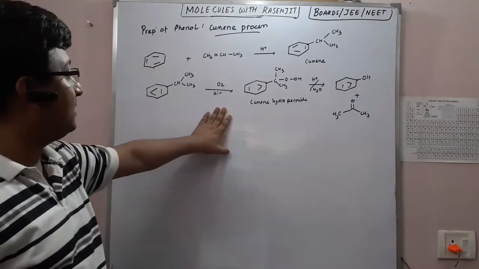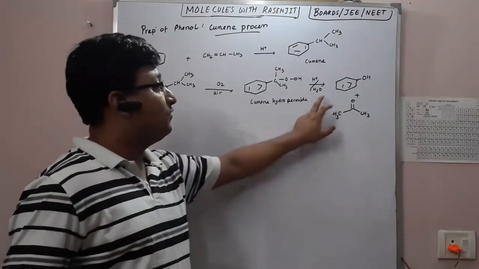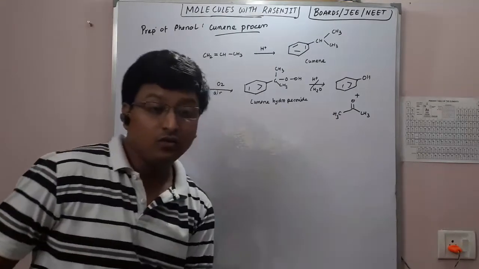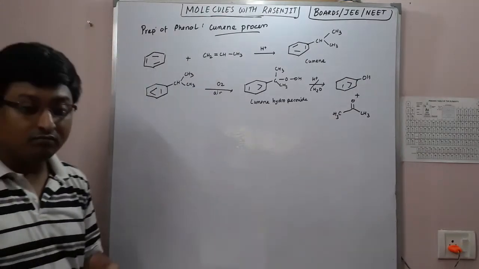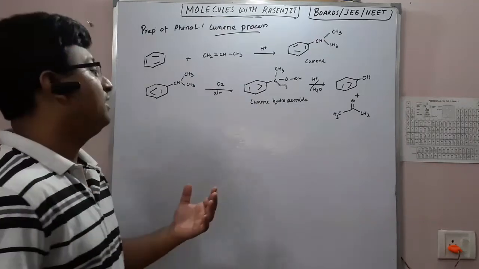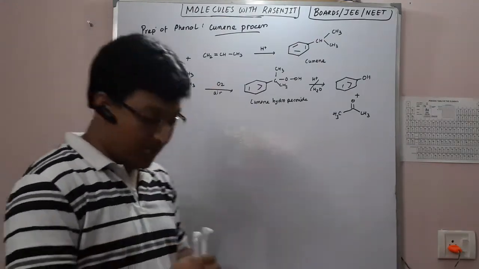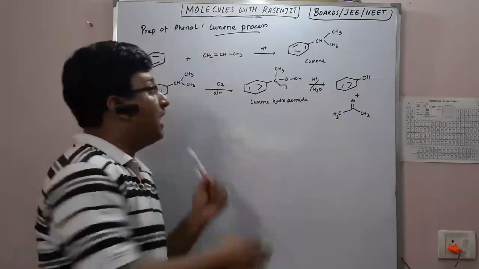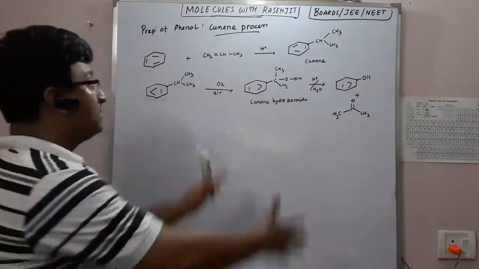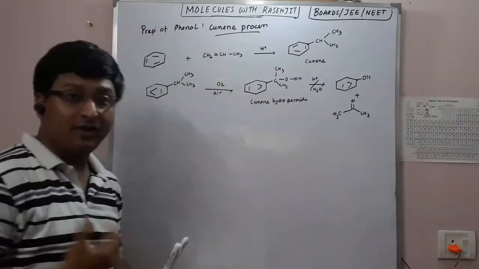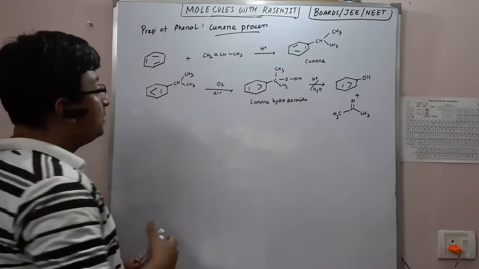In presence of oxygen it forms cumene hydroperoxide, which upon acid hydrolysis forms phenol and acetone, two very valuable substances. So this is one of the methods of preparation of phenol. What I will talk about today is how this mechanism happens: the first step, second step, and third step. Each step one by one, I will discuss the mechanism.